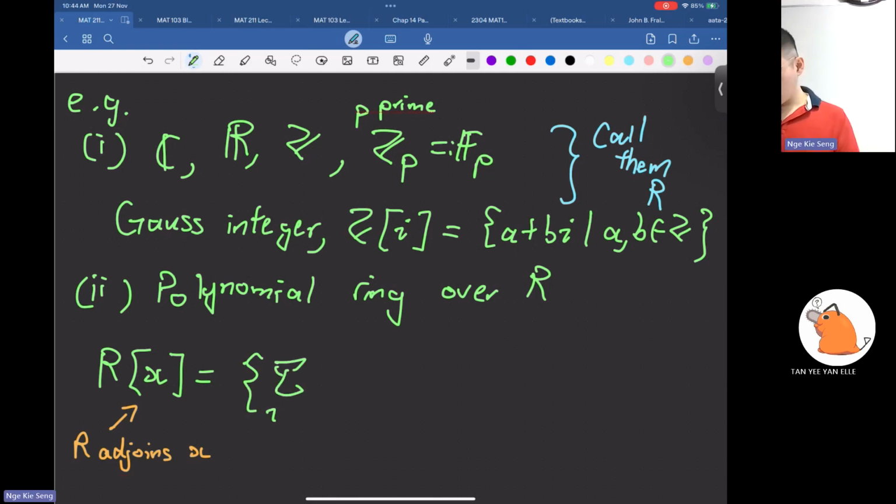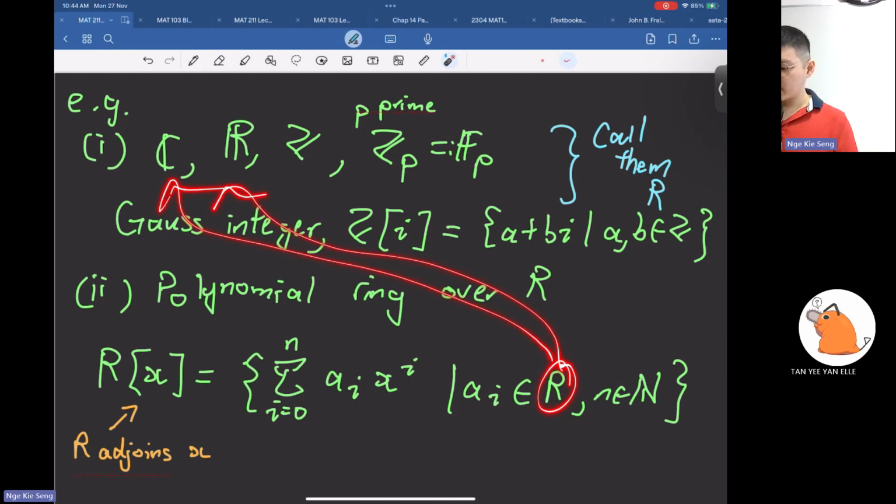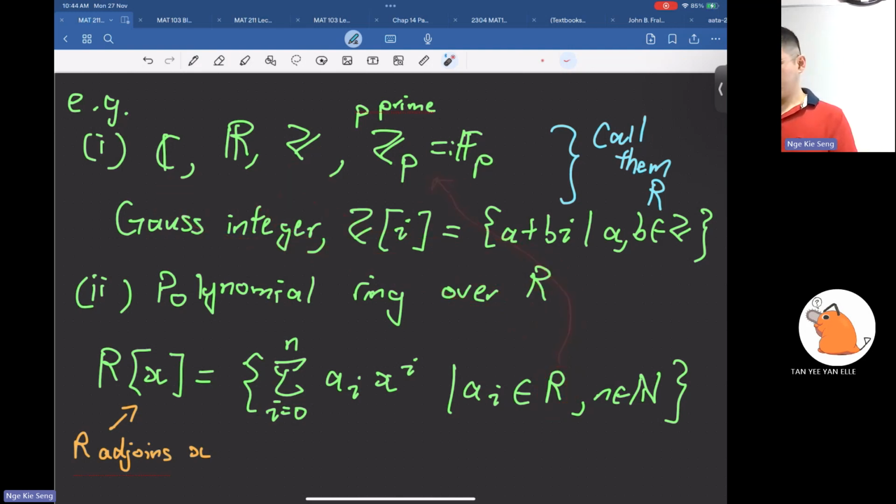These are all the linear combinations of the monomials x to the i, with coefficients in the respective ring. This ring you can imagine to be the complex numbers, the reals, integers modulo p, the Gauss integers, anything you can imagine: any ring adjoined with x.